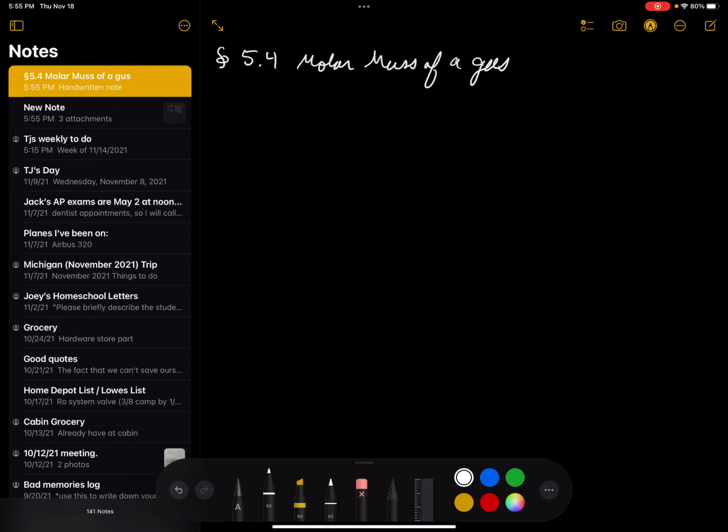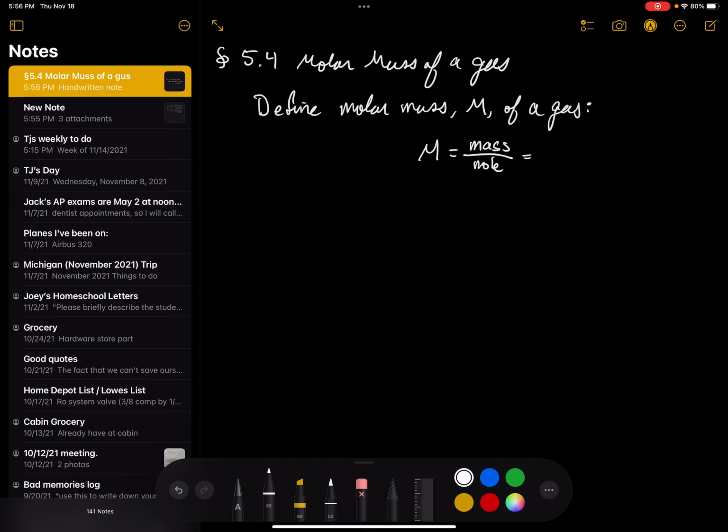And so how we define the molar mass, or capital M, is as follows. The molar mass of a gas is its mass divided by the number of moles in that mass, which is just little m divided by n, mass divided by number of moles.